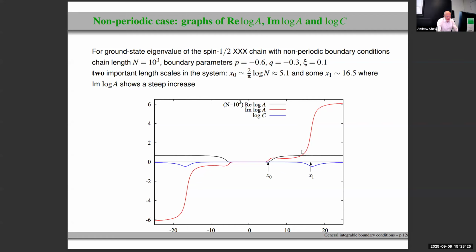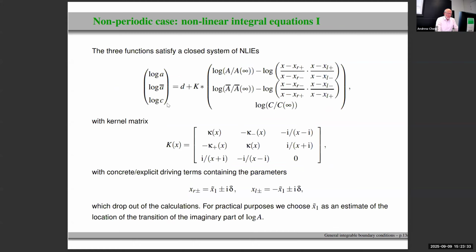And when looking at these functions, you understand that the integral equations, if they exist, must be looking more complicated. And here they are. On the left-hand side, log little a bar, log little c, and on the right-hand side appear convolution integrals. Now we have a kernel matrix, 3 times 3.